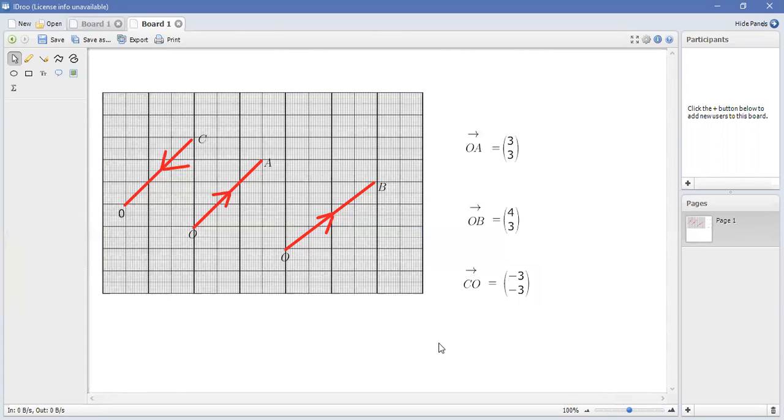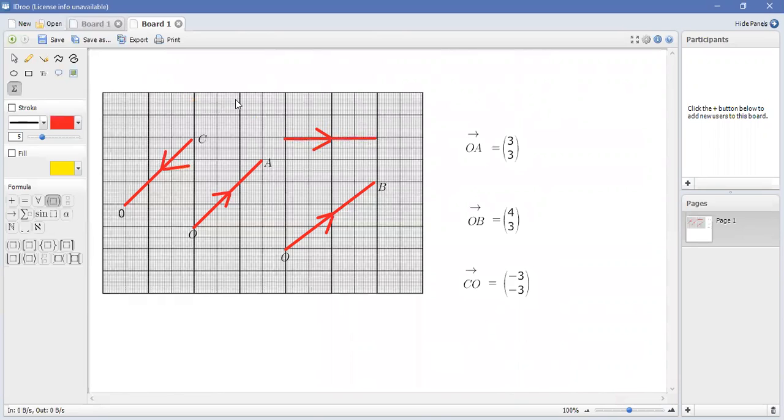So everybody get that? Yes. All right. Let's draw another vector now to see what you're going to tell me this time. What's this vector now?